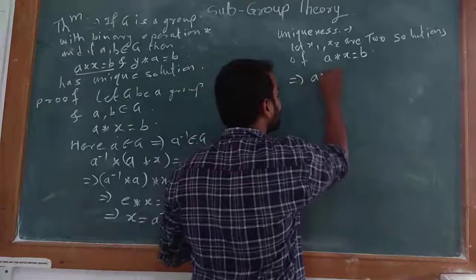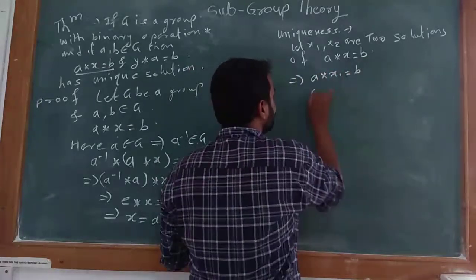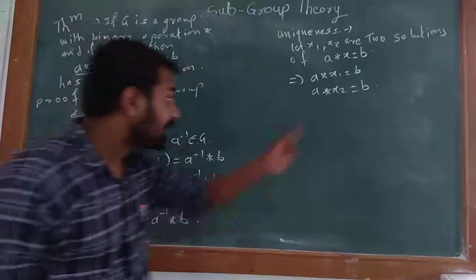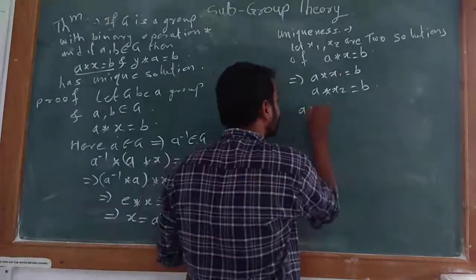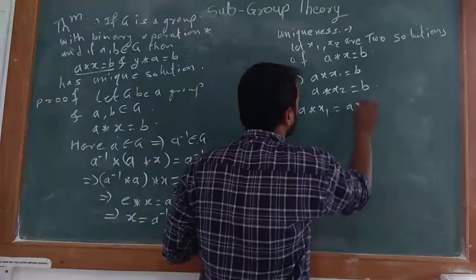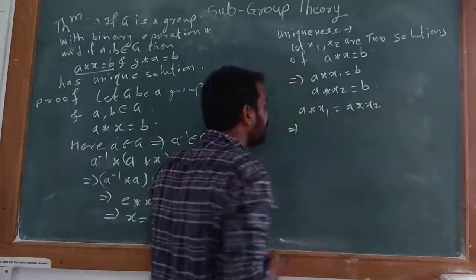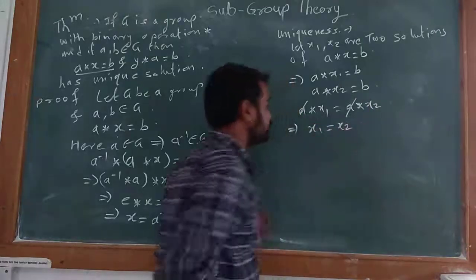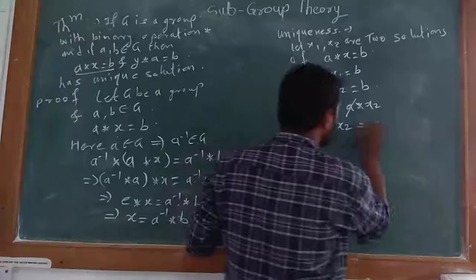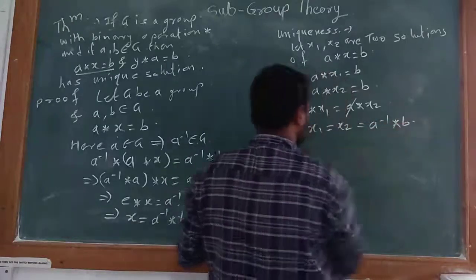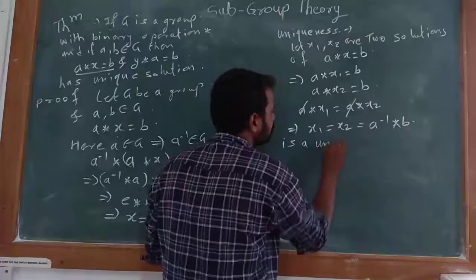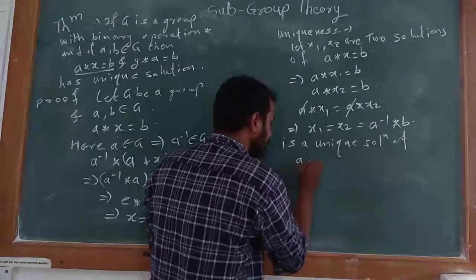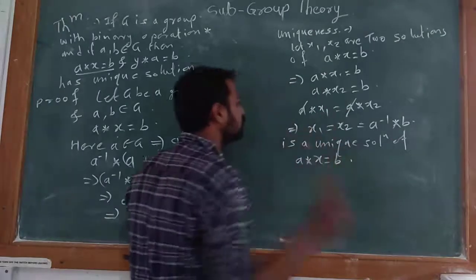This implies A star x1 is equal to B and A star x2 is also equal to B. Here the RHS are equal, therefore the LHS are also equal. Therefore, A star x1 is equal to A star x2. This implies by the left cancellation law, A gets cancelled and we get x1 is equal to x2, which is equal to A inverse star B, a unique solution of the equation A star x is equal to B.